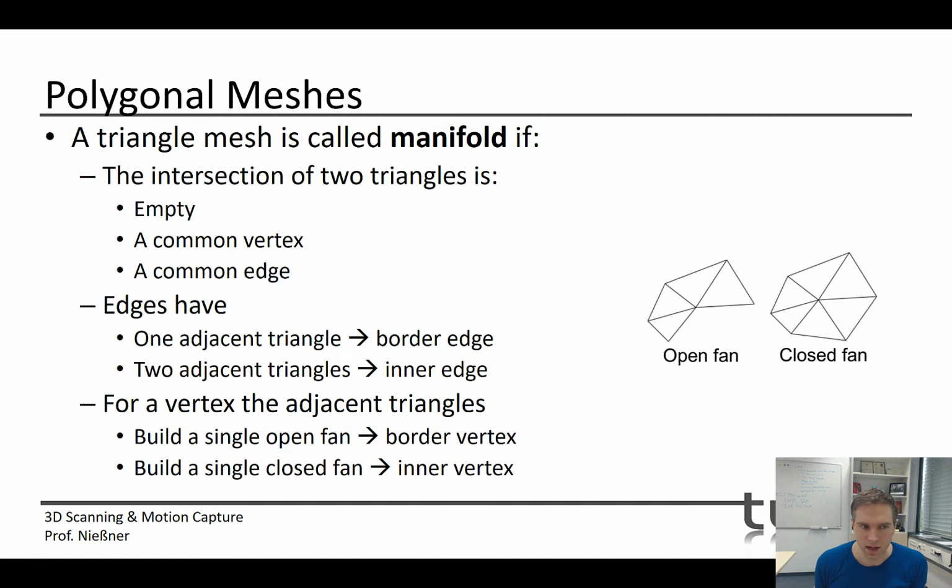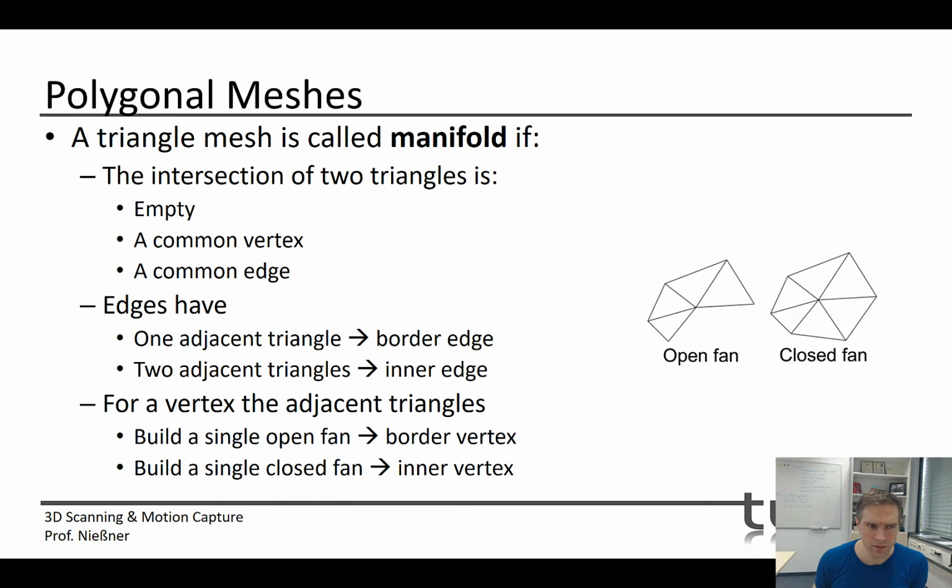A vertex is built either from a single open fan, like this one, where you have the vertex in the middle, or from a closed fan, where you have a vertex in the middle and the fan is closed. But again, what's not possible is another triangle whose tip shares this one vertex, right? This would also be a non-manifold mesh.